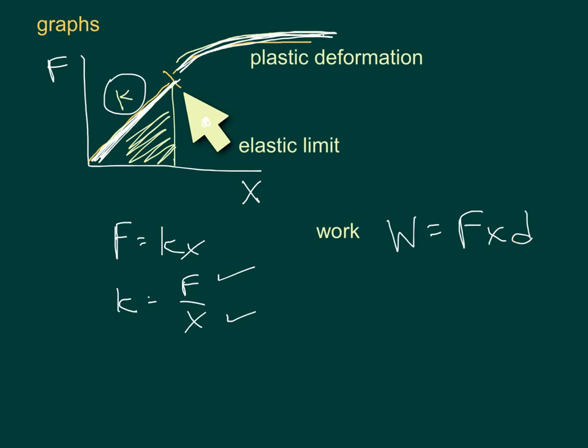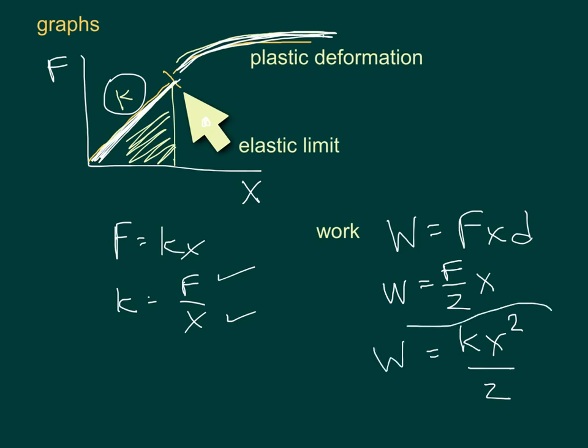So with Hooke's law, you've got your work is going to be equal F over 2 times X, which can also be written as Kx squared over 2. So this is also the potential energy when your material is expanded. And when it's expanded and then you let go, it's going to release that potential energy. So this works both ways, as potential and kinetic, which is really nifty.